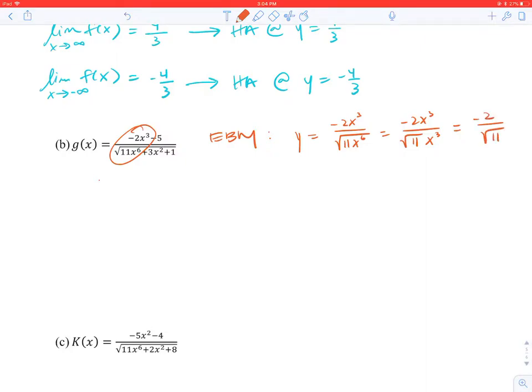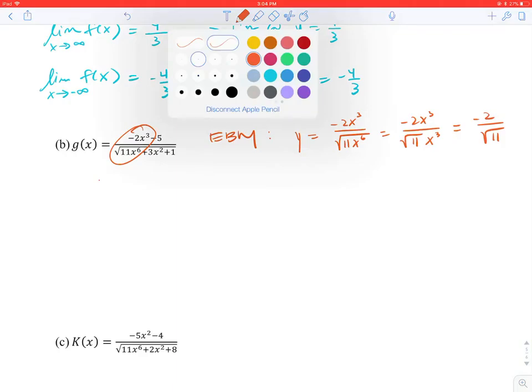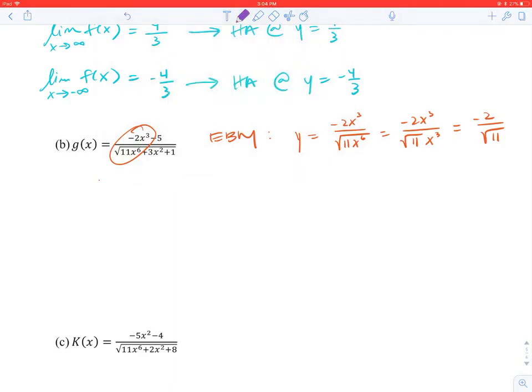But don't get too hung up on that negative that's there. So we know that the limit as x approaches positive or negative infinity will be a version of 2 over root 11, but we don't know the sign yet. We need to do further analysis.